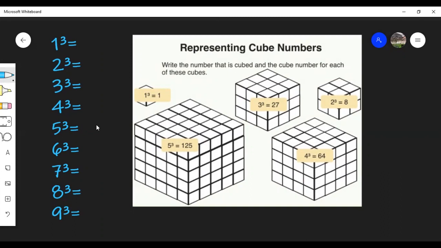Next, I want us to look at the representation of cube numbers. If you visualize a cube by thinking of a stack or a box with each block having the same size on all sides, I want you to visualize what a cube would look like. Here on the screen, you can see different blocks or cubes giving a representation of a cube.